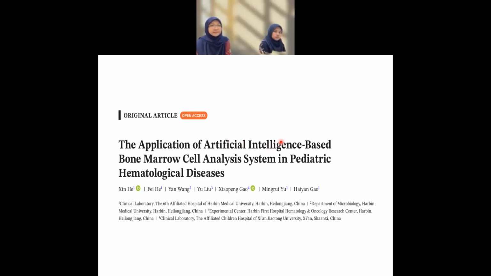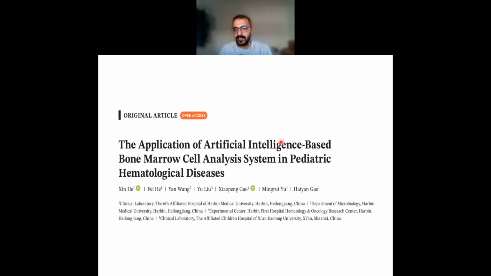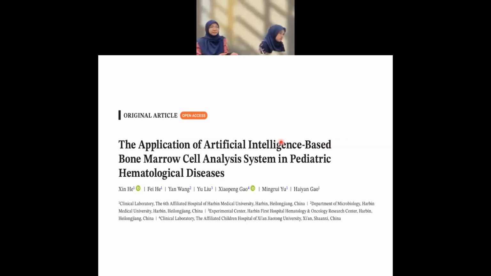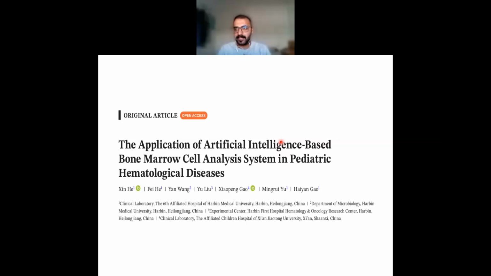They use a deep learning method, which is a convolutional neural network, CNN. Is it similar to yours? No. I used machine learning, and deep learning is more developed than machine learning.